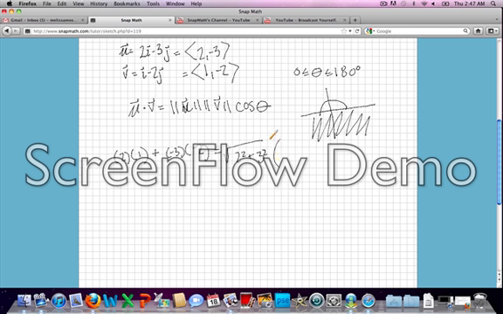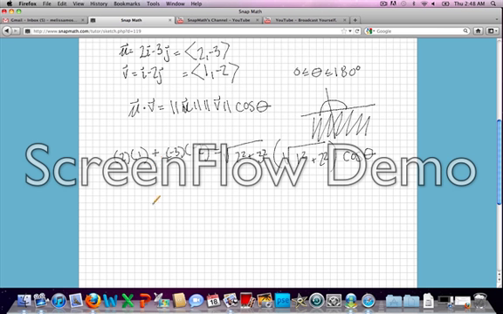We multiply that by the square root of the first component of v squared plus the second component of v squared. Again, I'm leaving out that negative because my final answer will be positive since I'm squaring it. And then that gets multiplied by cosine theta.